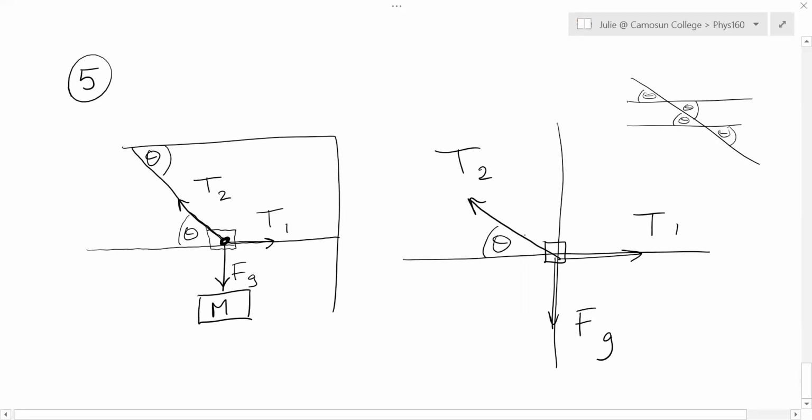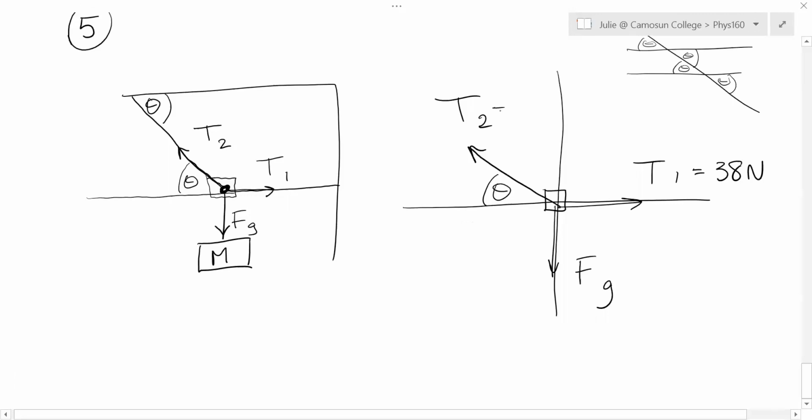Now let's see what we have. We've got some information here. We know that T1 is 38. So that's good. And we know the T2 is 59. Okay, and it doesn't tell us the mass m.